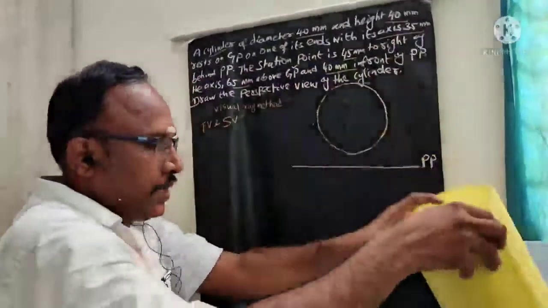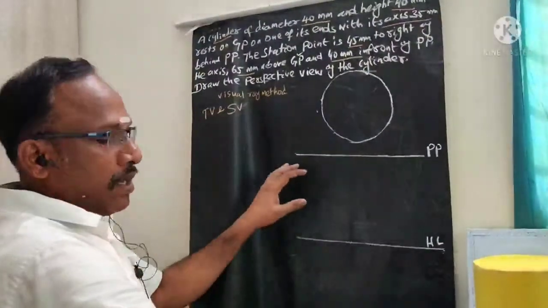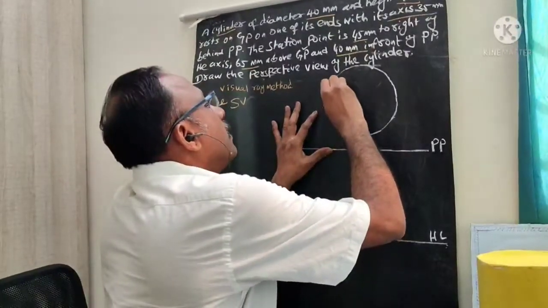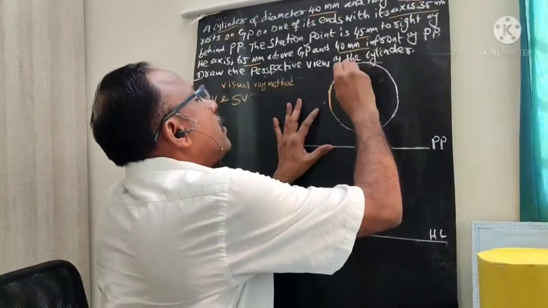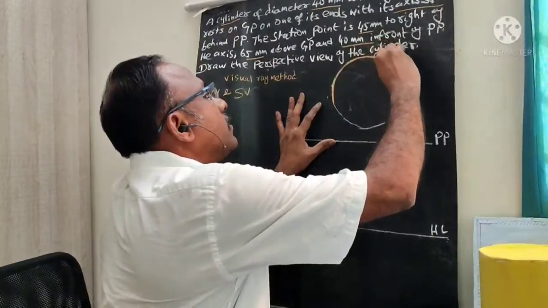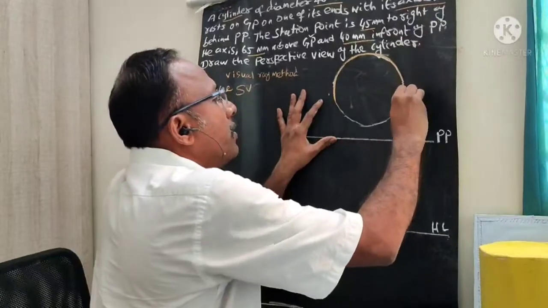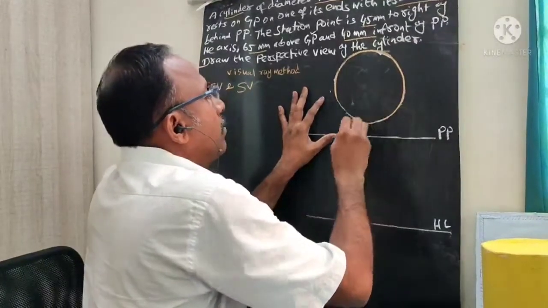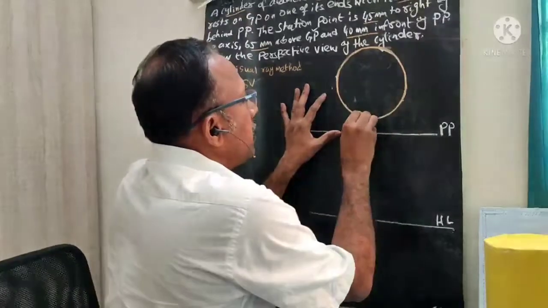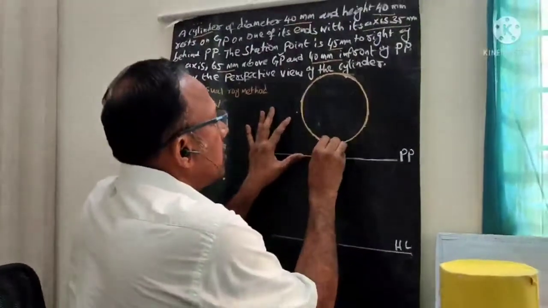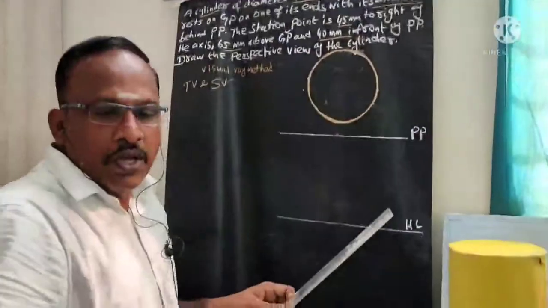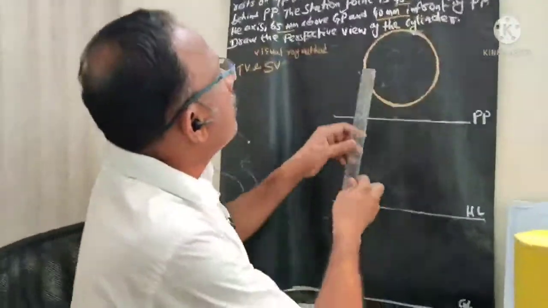So I draw the circle. I need to divide the circle, as you are already familiar from projection of solids and section of solids. You take a radius of 20 millimeter and draw this circle. Now I am going to divide this circle into 4 parts.